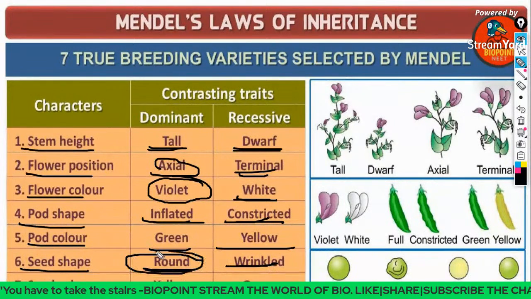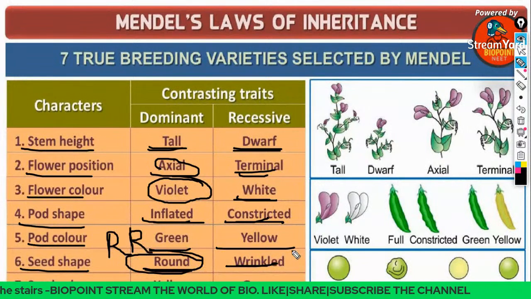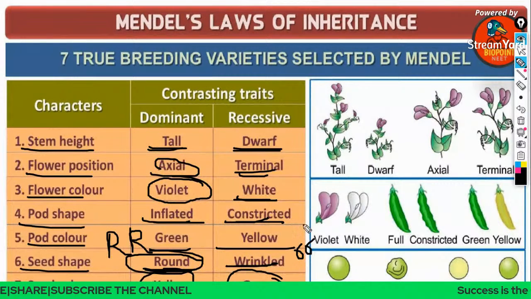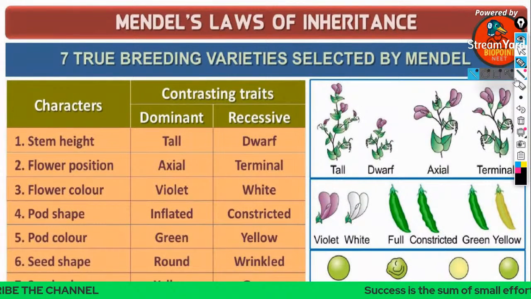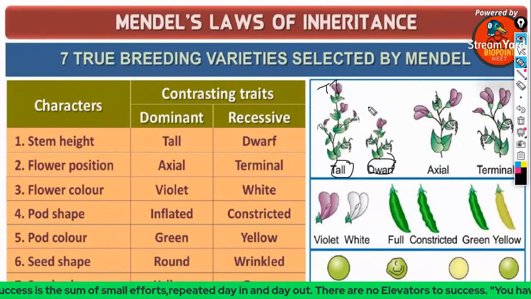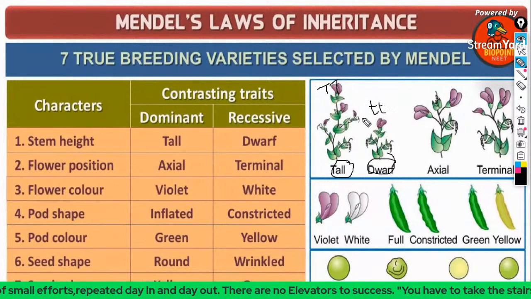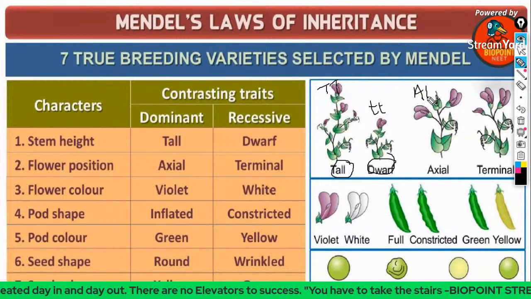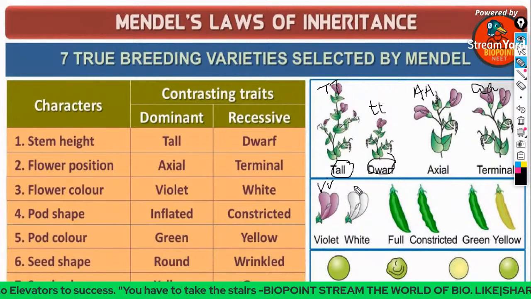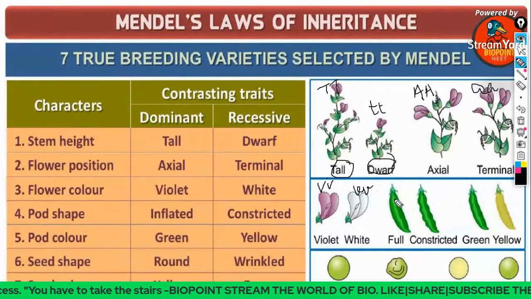Round is capital R, capital R. Wrinkled is small r, small r. Seed color is yellow and green. Look here: tall is indicated by capital T, dwarf by small t. Axial is capital A, terminal is small a. Violet, dominant, capital V; white, recessive, small v.